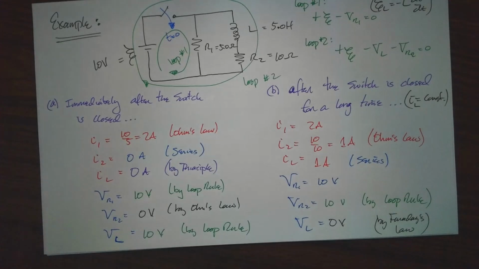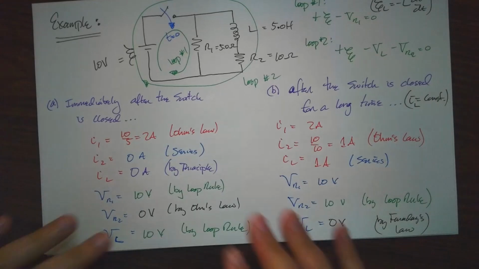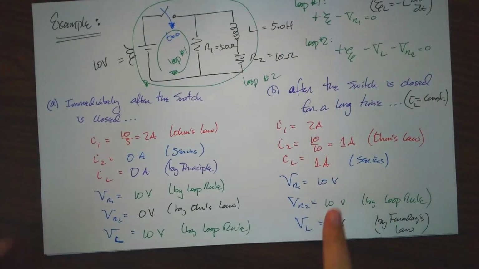All right. Once again, no real formulas for us. But now, after we establish this current, 1 amp in the inductor heading down, we're going to open the switch again. And the question is, immediately after you reopen the switch, what are all the same things?